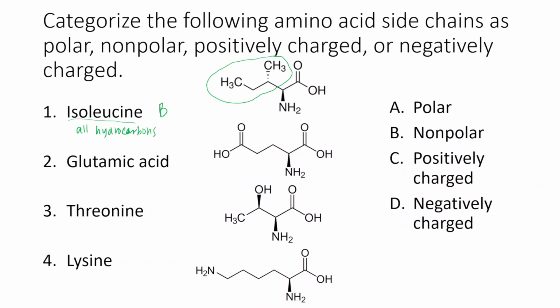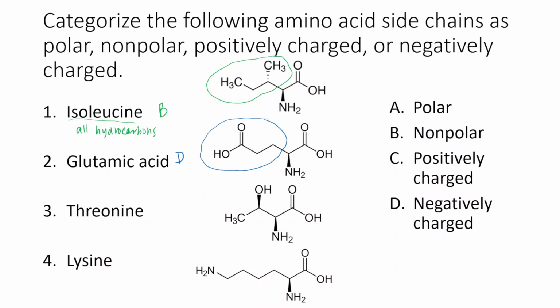Let's talk about glutamic acid. The glutamic acid side chain is over here. What do we got for glutamic acid? Which type is it, A, B, C, or D? Well, at physiological pH it is negatively charged. But you can also make an argument that it's polar because of the 2 oxygens.